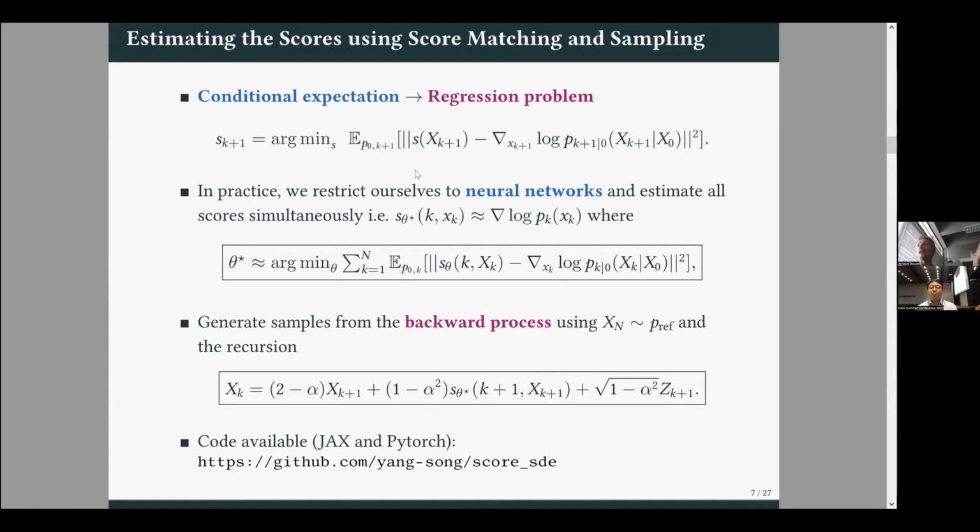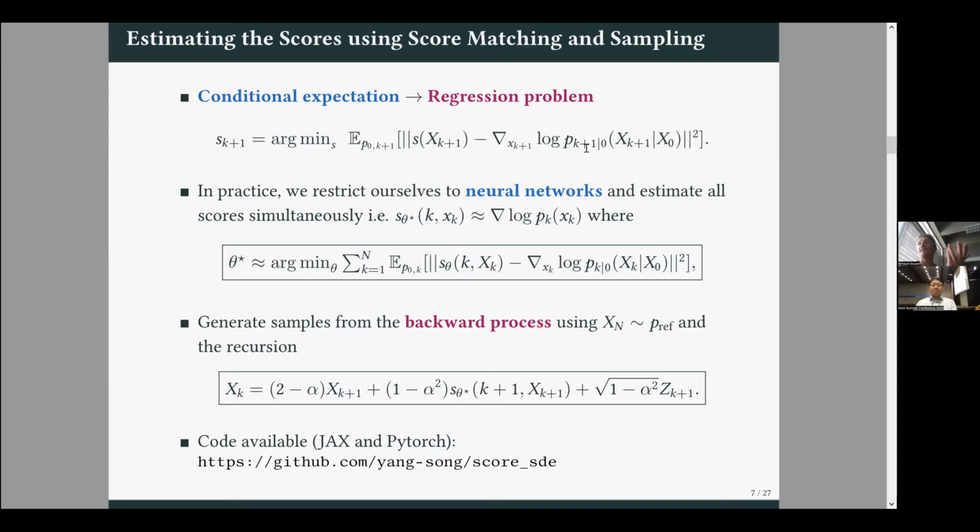If I had access to all measurable functions S of x_{k+1}, and I were minimizing the expectation of the squared difference between S and the gradient of the log of the transition, minimizing that over all possible measurable functions, what I would obtain is simply the conditional expectation, by definition of conditional expectation. We know that the conditional expectation is the quantity minimizing this type of minimization problem.